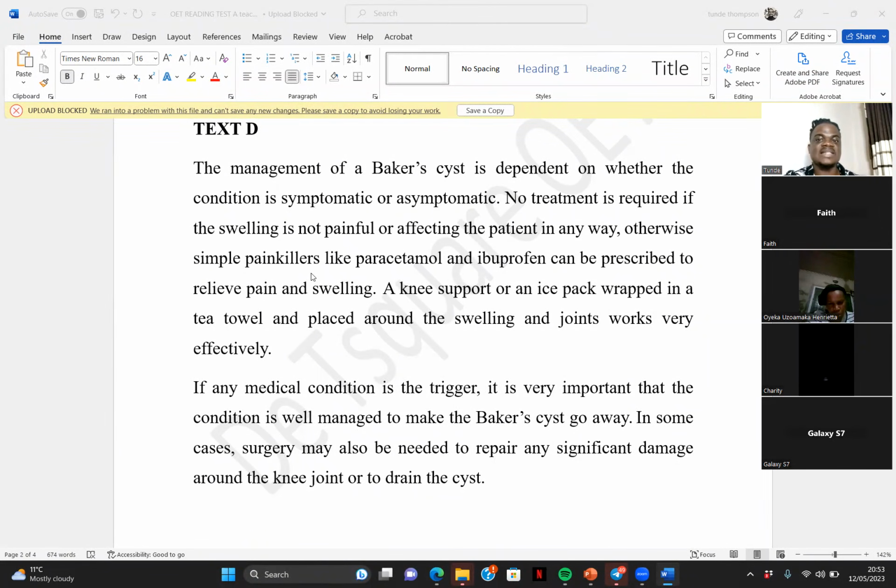Simple painkillers is the correct answer here. If you say paracetamol and ibuprofen, they just said simple painkillers such as, giving paracetamol and ibuprofen as examples. So if you just say paracetamol and ibuprofen, that's not the correct answer. The correct answer is simple painkillers. That's what you use to treat it, of which paracetamol and ibuprofen are examples.